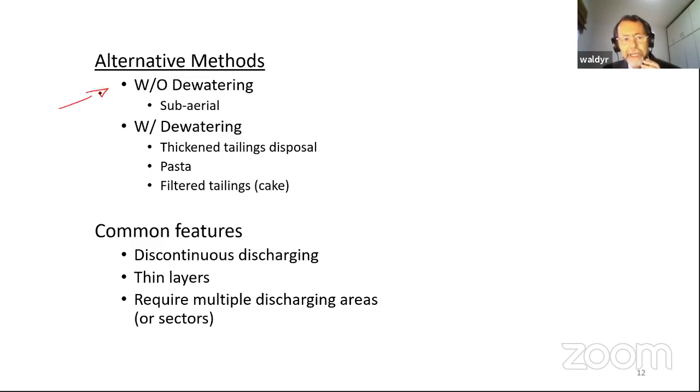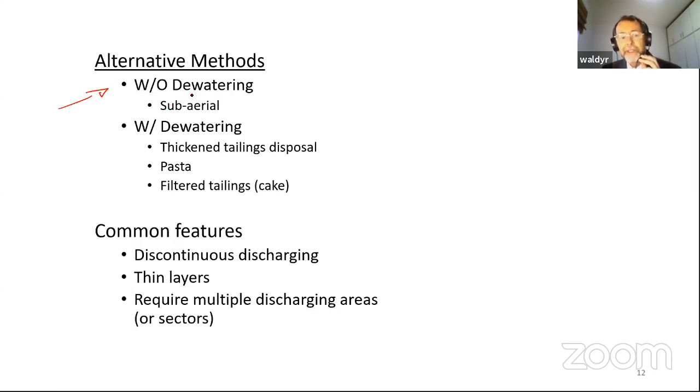The first one is when you have no dewatering in the plant, and then you can still discharge this material as a diluted pulp, but in the field, in the disposal area, we're going to see something different from the conventional disposal.